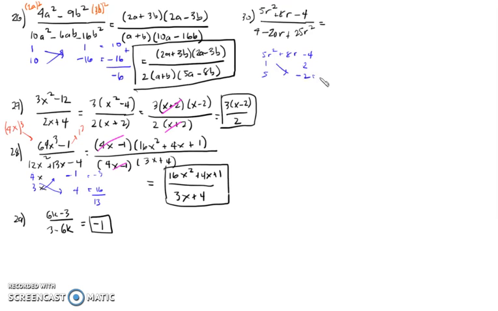Once I cross multiply, negative 2. Once I cross multiply, 10. Then I add, it gives me 8. So the factor will be r plus 2, 5r minus 2 all over.